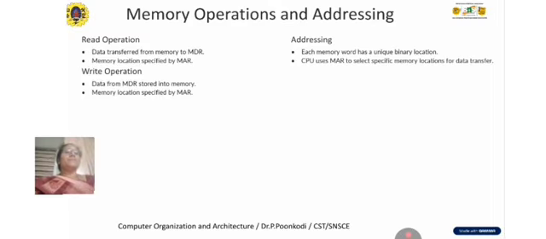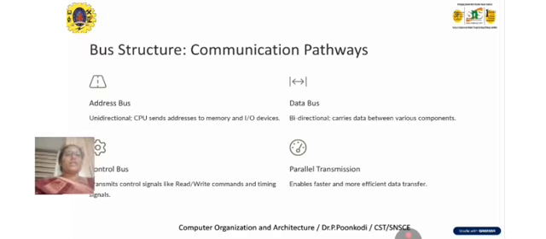Addressing: each memory word has a unique binary location. The CPU will use the MAR to select the memory locations. Then the bus structure, the communication pathway, uses the address bus, data bus, control bus, and parallel transmission. The address bus is used to send addresses from memory to the IO devices.